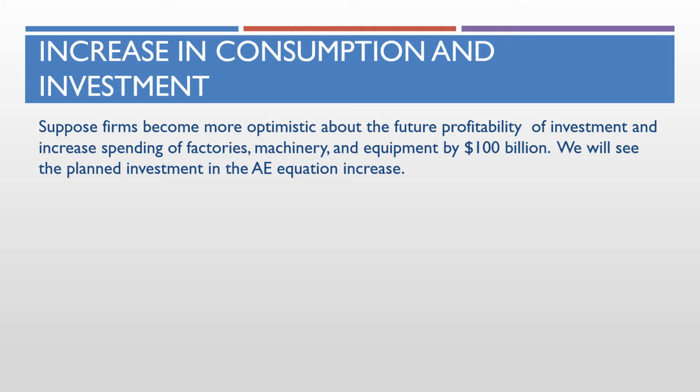If they're seeing a significant decrease in their current period's inventory because they're selling a lot more than what they planned from the beginning, in future periods, they would like to increase the level of output.